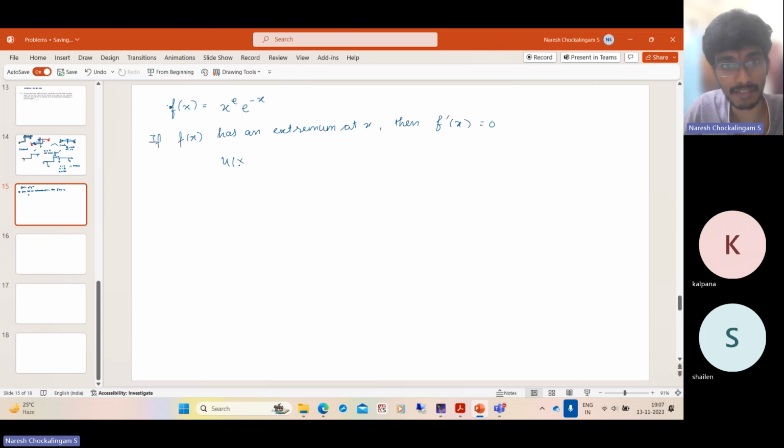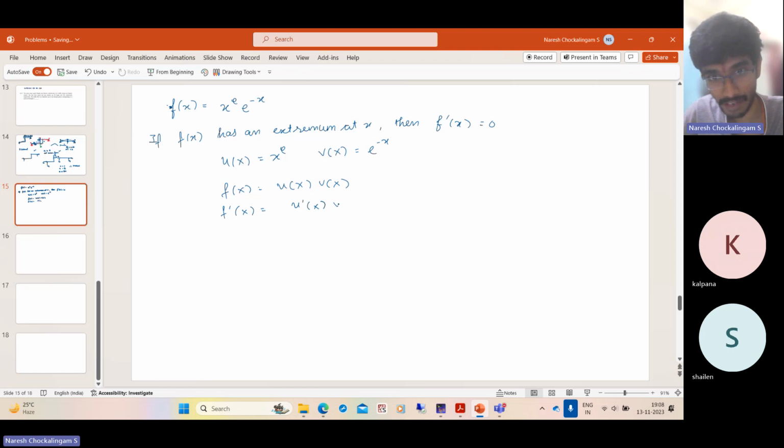Take u of x as x power e and v of x as e to the power minus x. So f of x is u of x times v of x. Therefore, f dash of x is u dash of x v of x plus u of x v prime of x. This is the usual product rule.